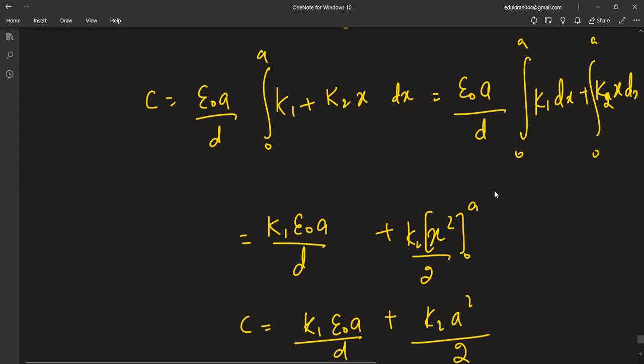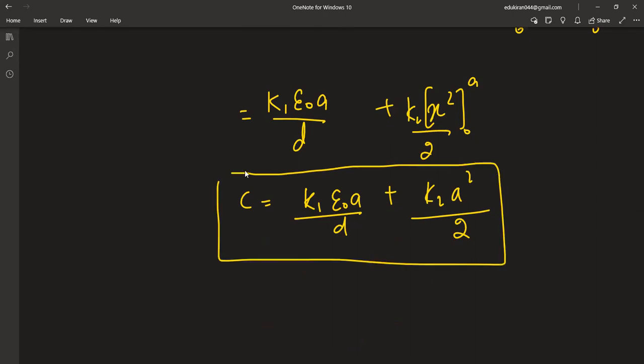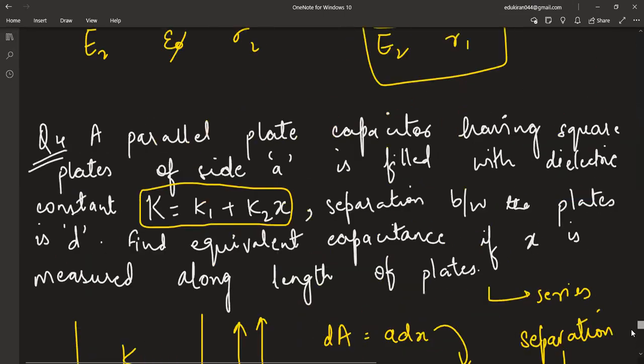Is it clear now, Shahid? Yes, ma'am. Okay, very good. Note down the solution, then we'll start with current electricity.